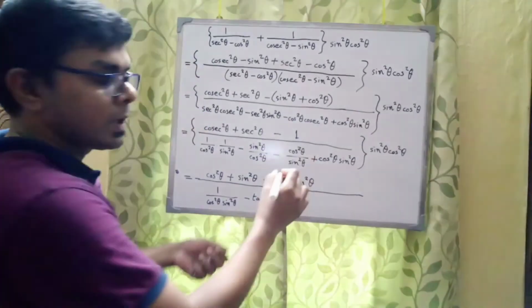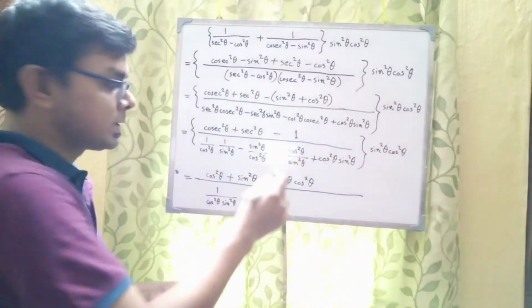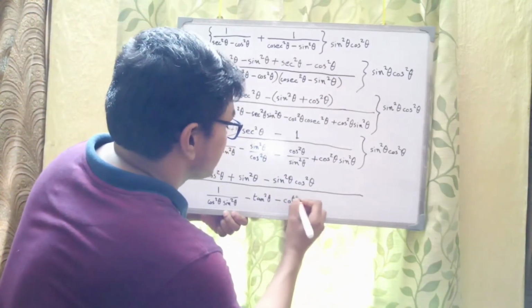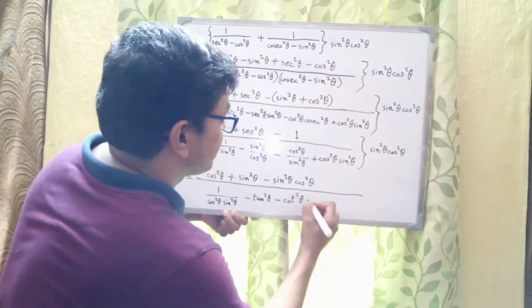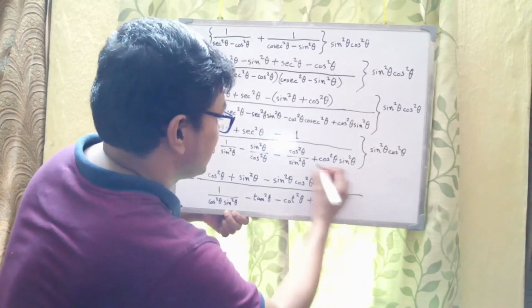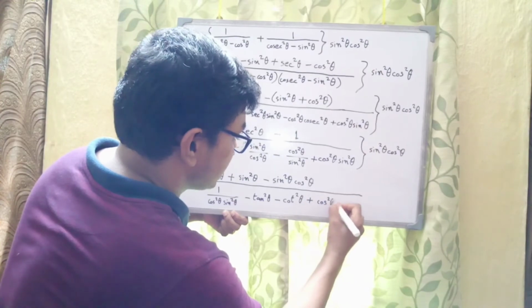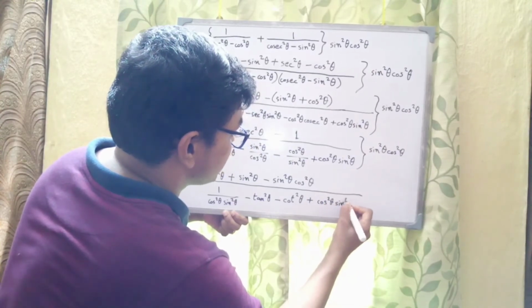Again we know that cos theta by sine theta is actually cot theta, so cos square theta by sine square theta would be nothing but cot square theta, plus this part which is cos square theta sine square theta.